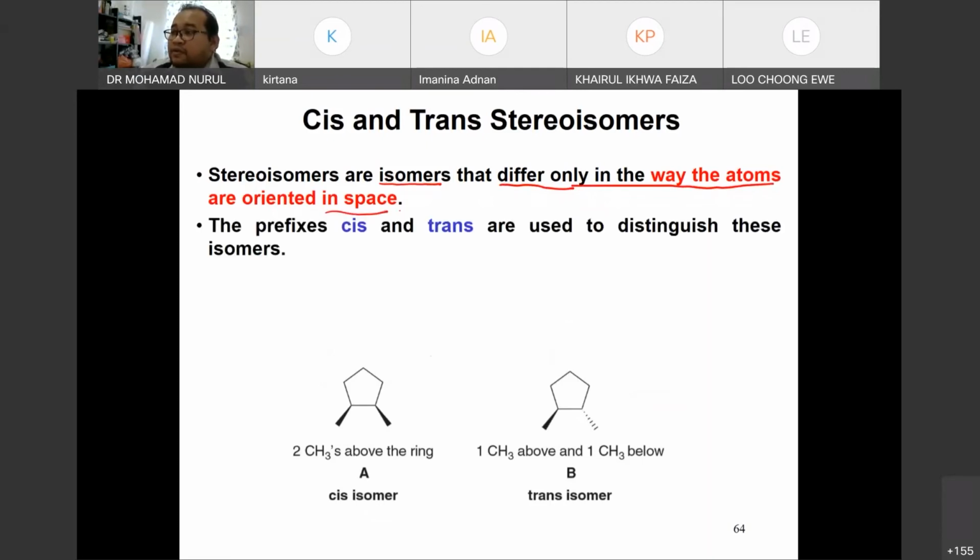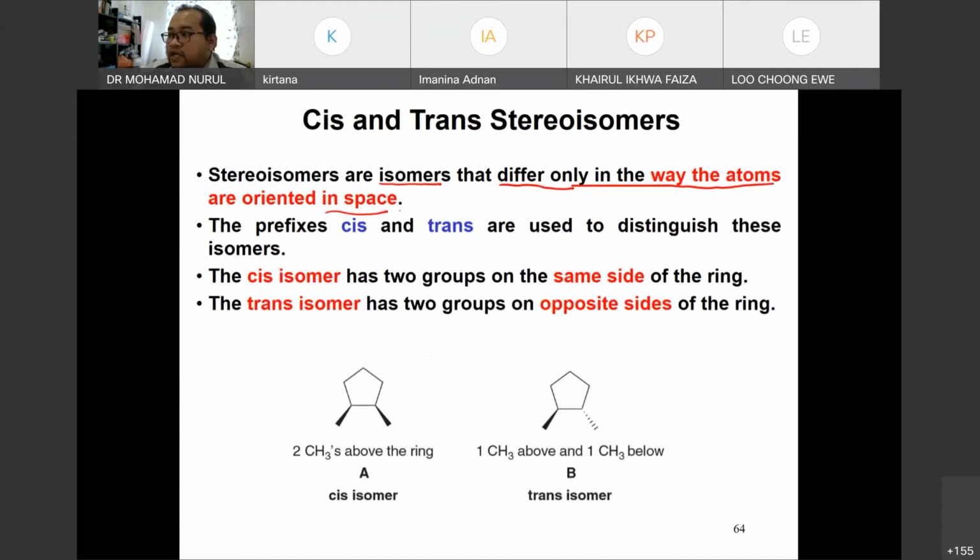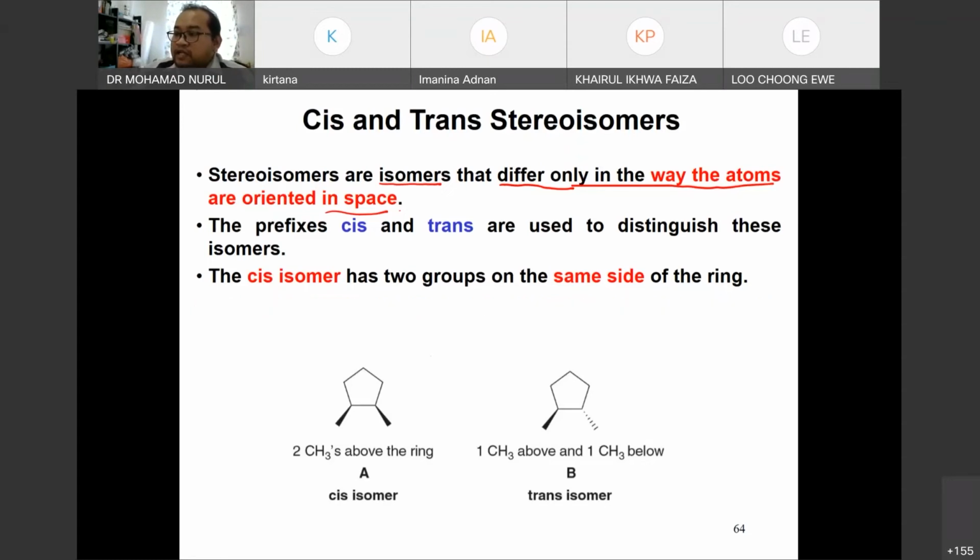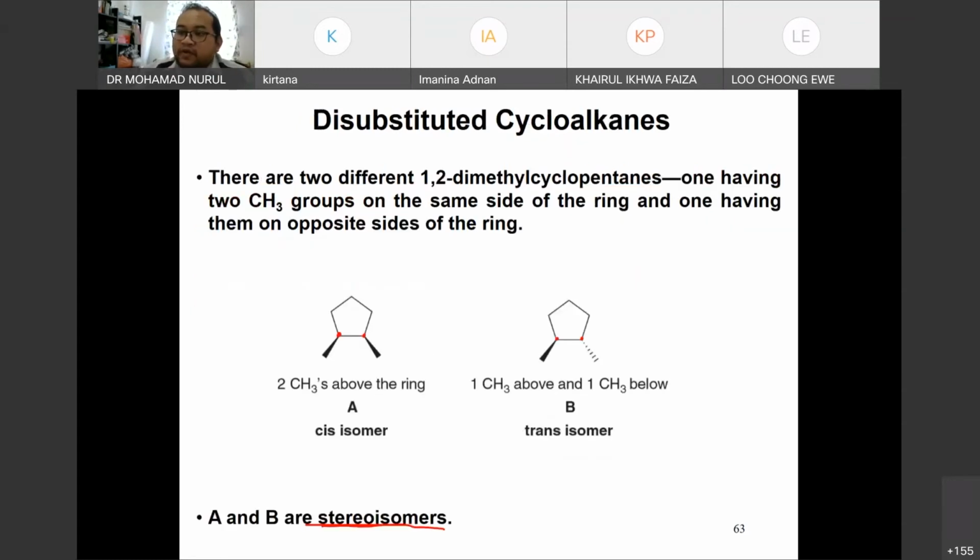The prefixes cis and trans are used to distinguish these isomers: cis isomers have the two groups on the same side, whereas trans isomers have them on opposite sides. This is a simple example for cyclopentane.